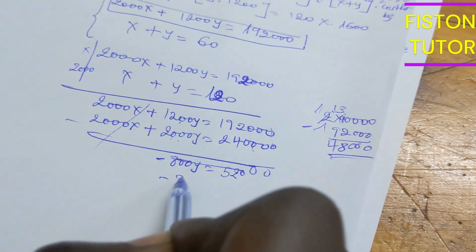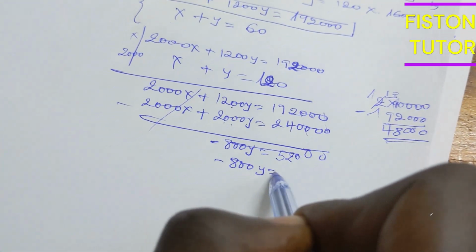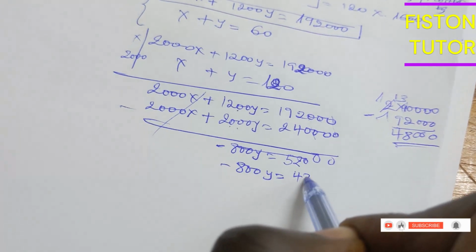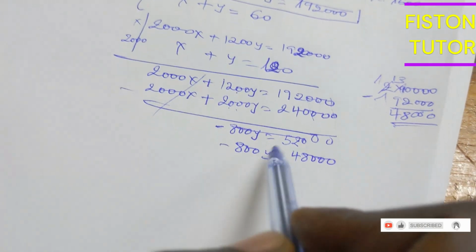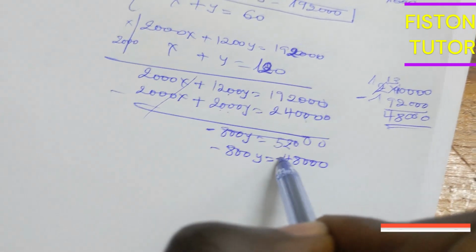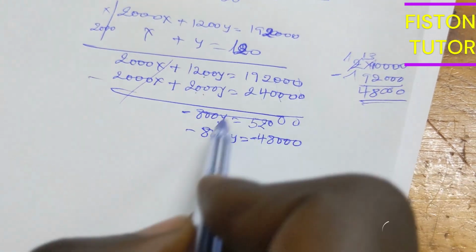Sorry, here we have minus 800y, which is equal to minus 48,000, which is negative because this one is smaller than this.